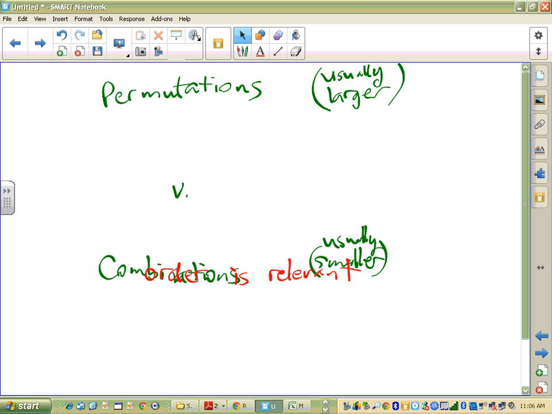Knowing the difference is part of the game for the homework. So what is it? Permutations order is relevant or combinations order is relevant? Let's let the smartboard decide. You say permutations? Yeah, permutations. Order is relevant.